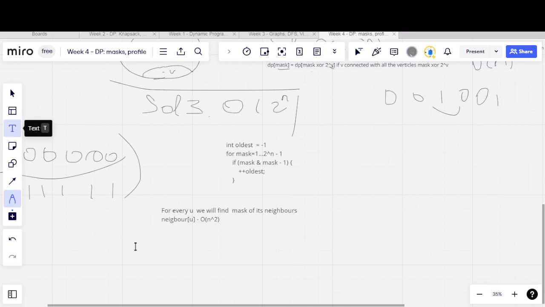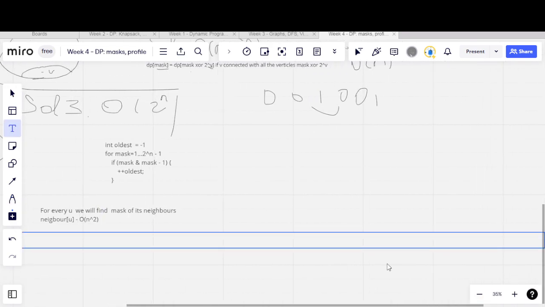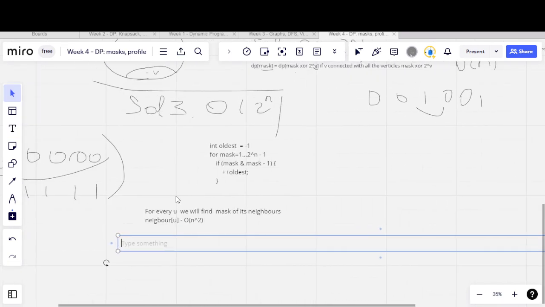So after this, we get something like a hash map for every neighbor. No, this will be a hash map. We get all the verticals that are connected with it for O(1). But before this algorithm we do counting.